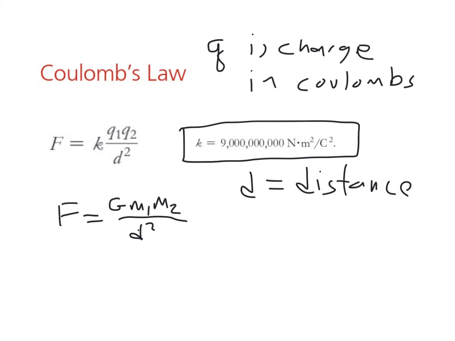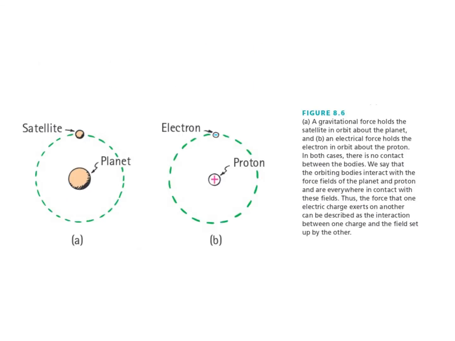Now, one of the first ways that people thought about atoms was they thought about satellites orbiting planets, like the moon orbiting the Earth. And so what they imagined was the proton was at the center of the nucleus, and the electrons were up above, orbiting around the nucleus the way that a satellite orbits around a planet.